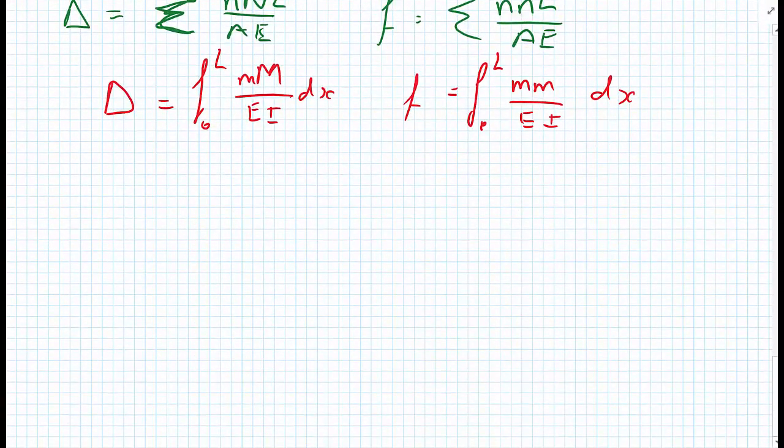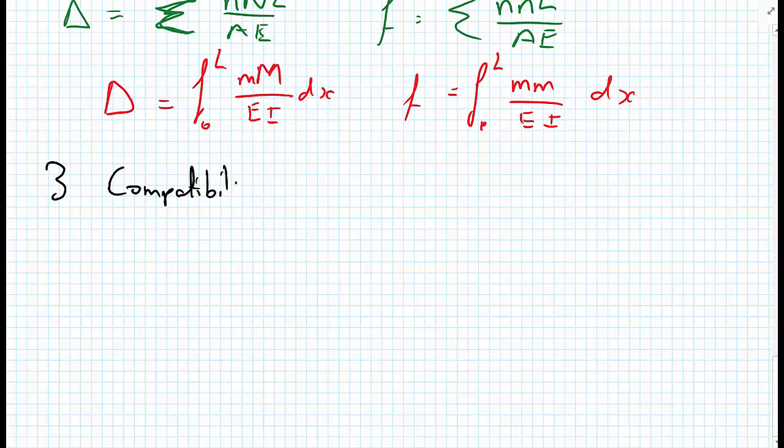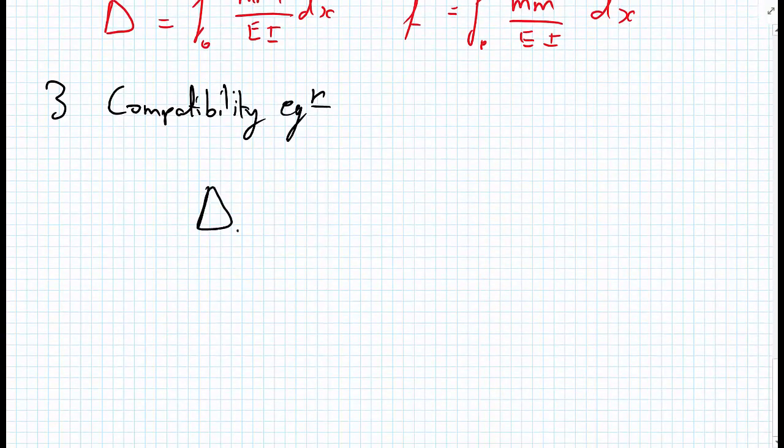So if we have the fictitious displacement delta B that only occurs in the primary structure but not in the real structure, we wish to get rid of this by multiplying our flexibility coefficient by a number.